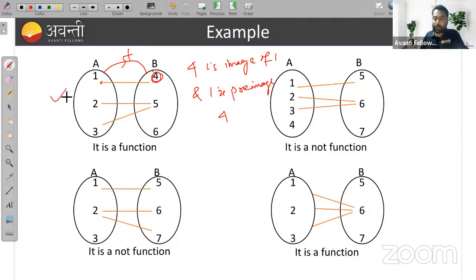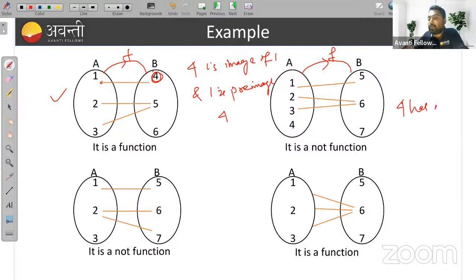It's very simple. Okay, consider the second example. Suppose here also you have a function f which is mapping from set A to B. Check and tell me whether it is a function or not. 5 is image of 1, 6 is image of 2 and 3. But 4 has no image.